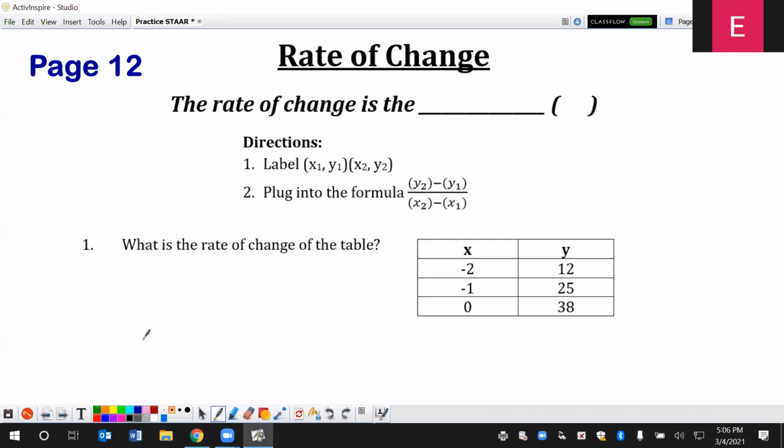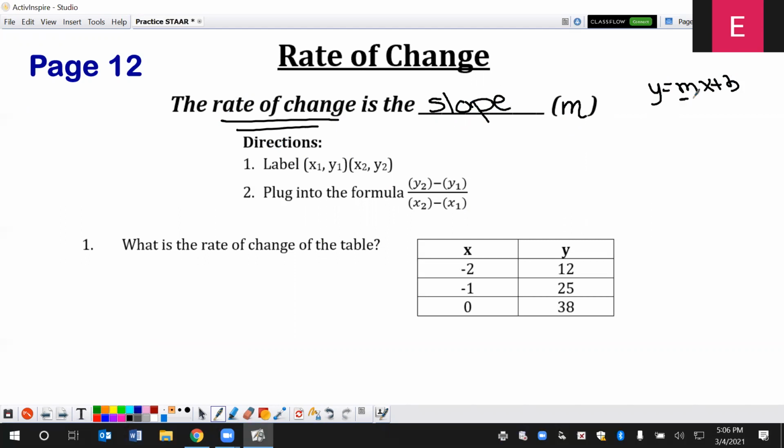All right, so the second thing we are going to review is rate of change, which is also known as slope. Okay, so remember, rate of change and slope mean the same thing. Yesterday we reviewed that slope is the letter m. Remember, yesterday we did equations.